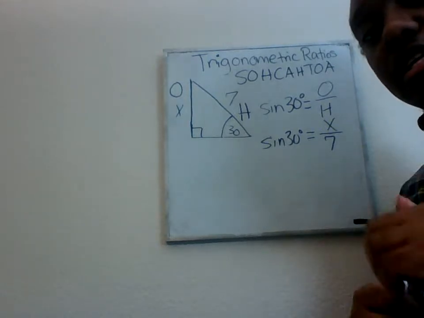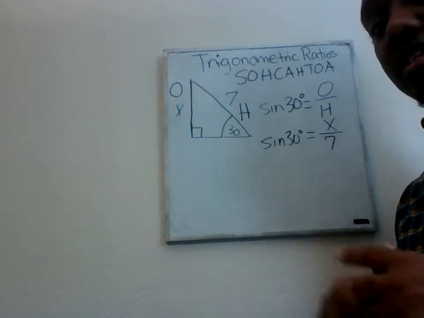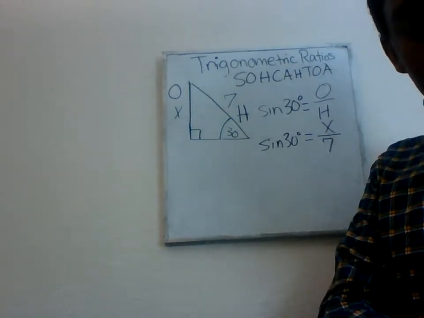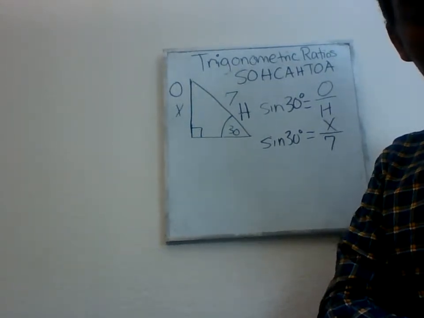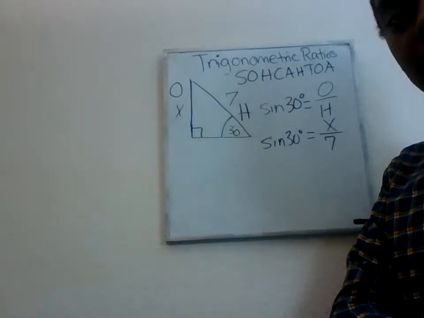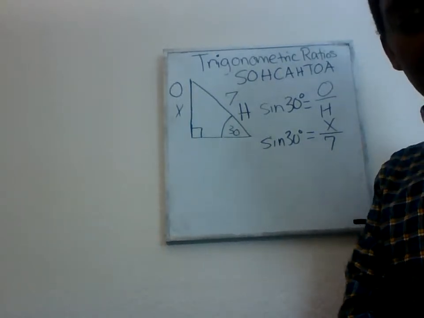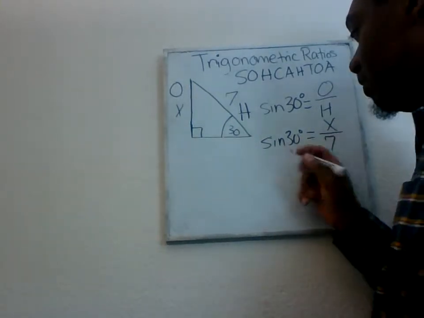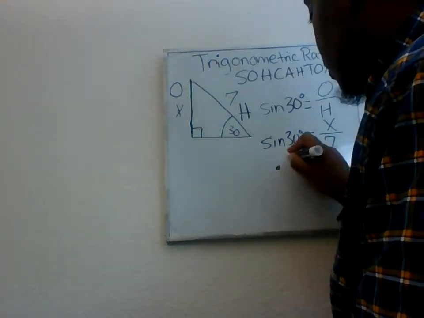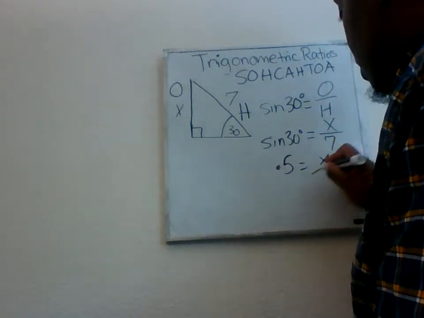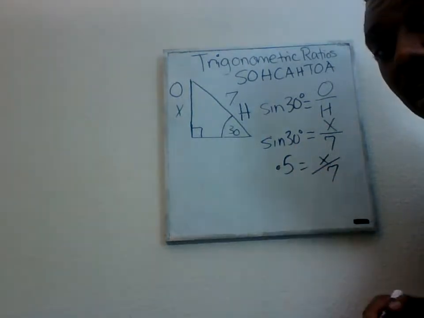Depending on the calculator that you're using, you need to find sine of 30 degrees. I'll tell you what that is so that you are able to correct yourself. When you did this, you should have gotten 0.5 for your answer. So sine of 30, you should have gotten 0.5.